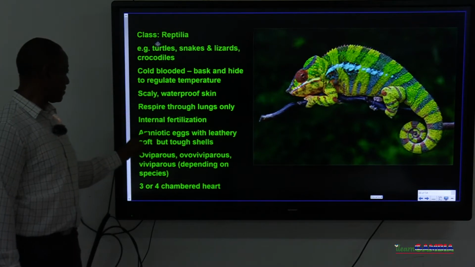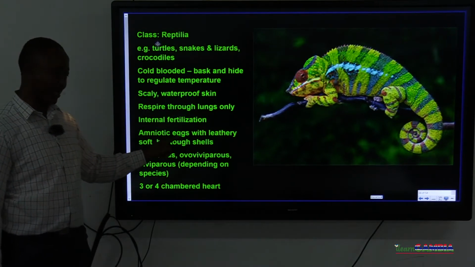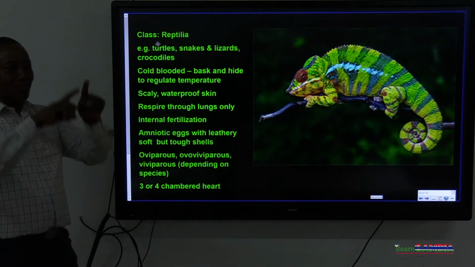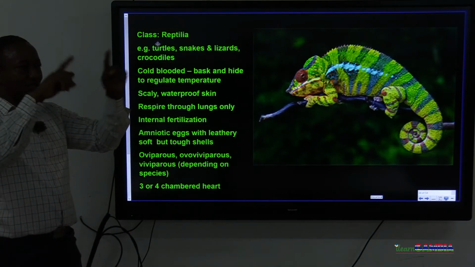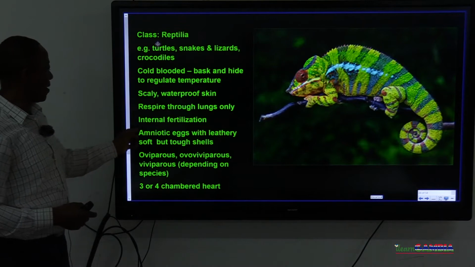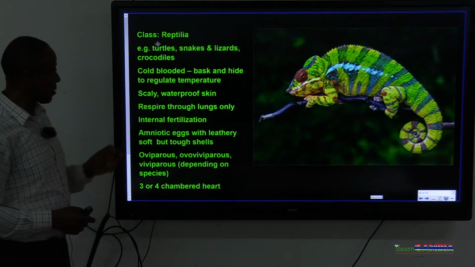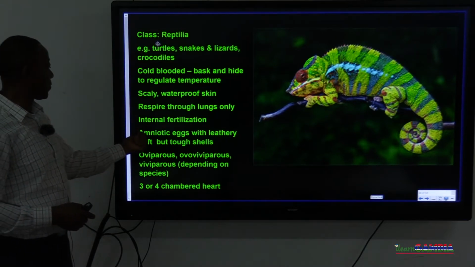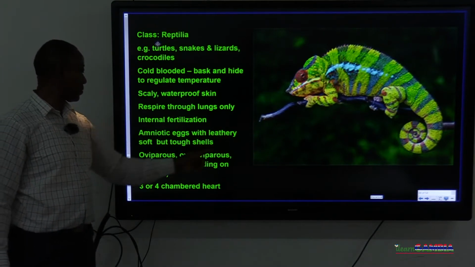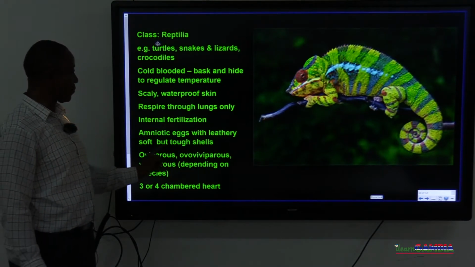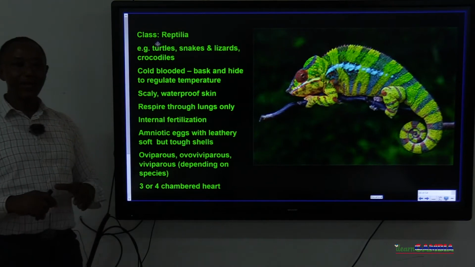They have eggs that are described as amniotic. Amniotic meaning there is a membrane, a tissue inside which the egg or the young embryo grows, which helps to protect it. In addition, it is protected by a leathery, soft but tough shell.